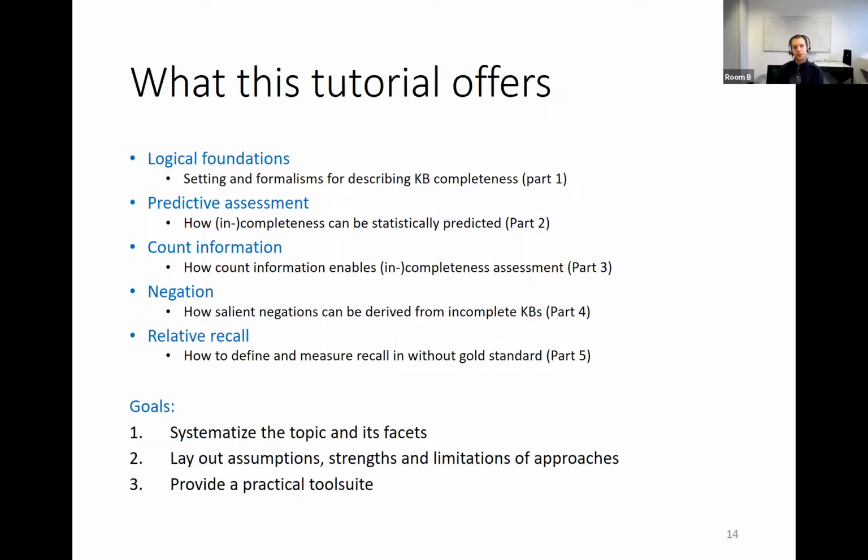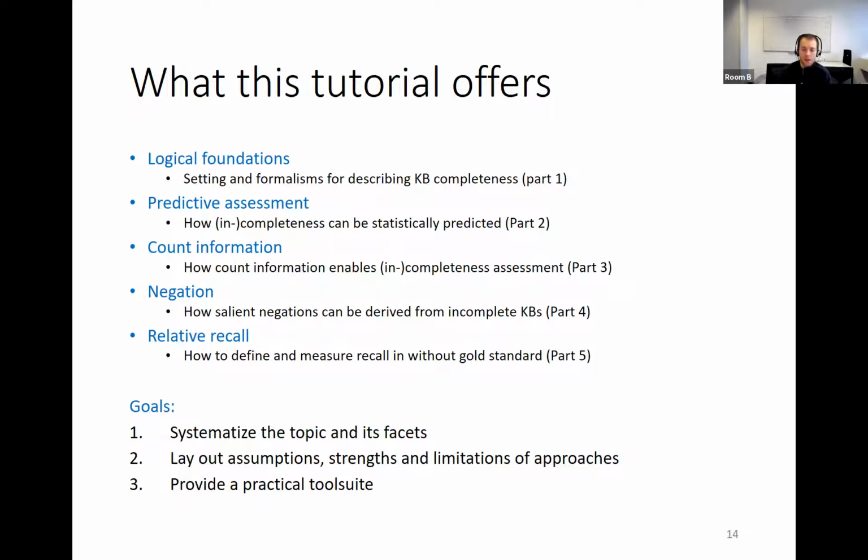What we offer in this tutorial is, in the first part, logical foundations: the setting and the formalisms to describe how complete a knowledge base is. In the second part, statistical methods for prediction, based on supervised learning and other interesting statistical techniques.